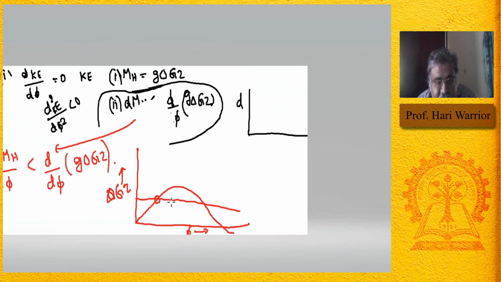That means this one is above this, as a result of which the righting arm is more. In this case, this is the righting arm. So the righting moment exceeds the heeling moment. I hope you are following it.